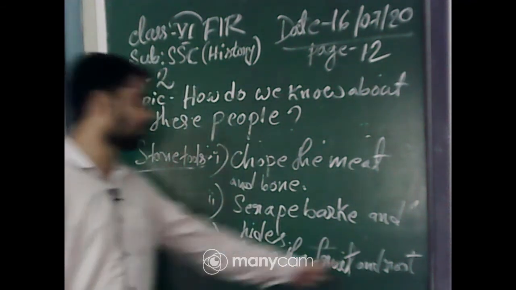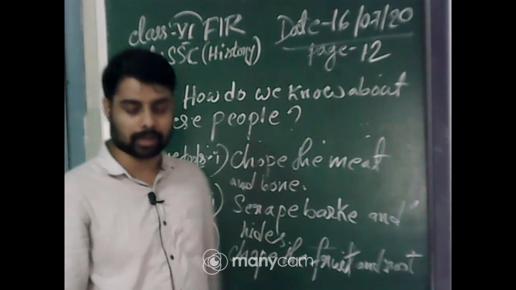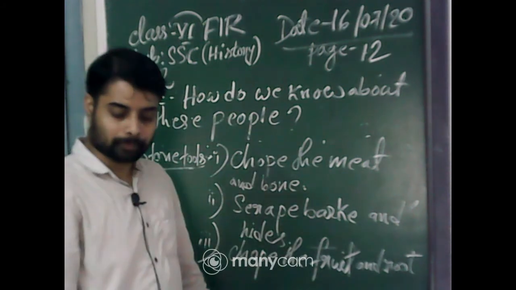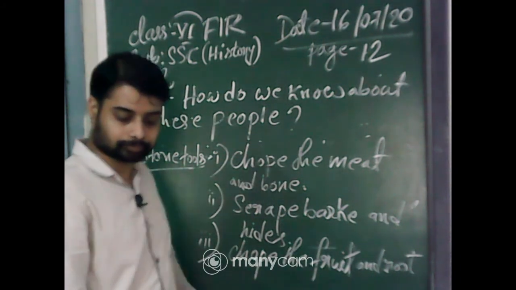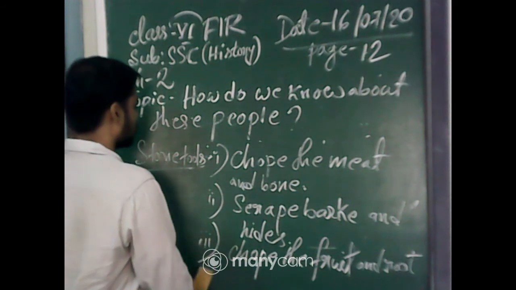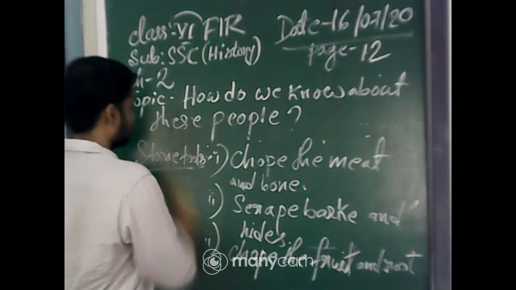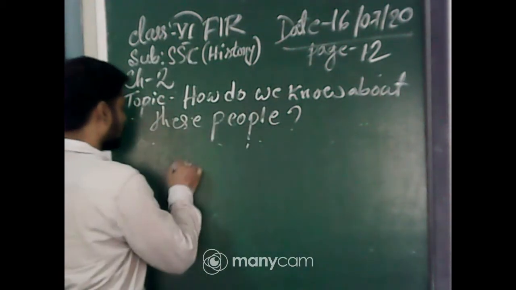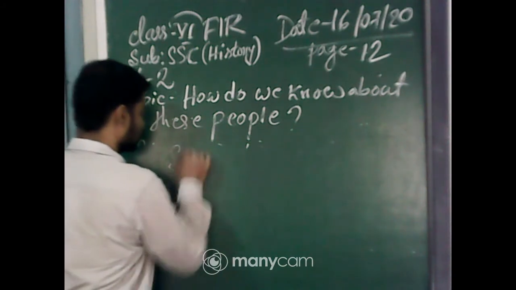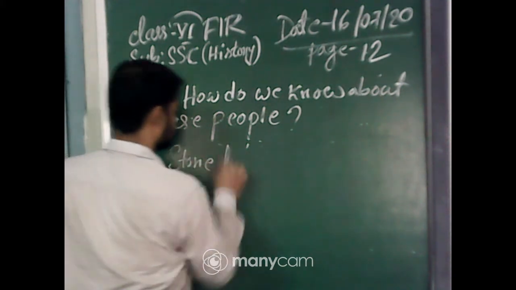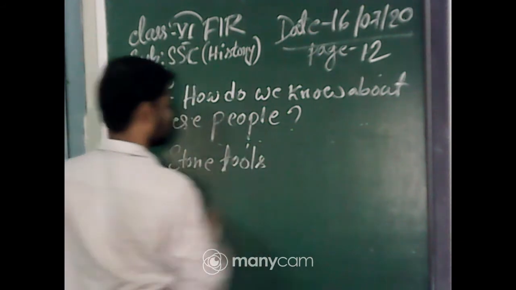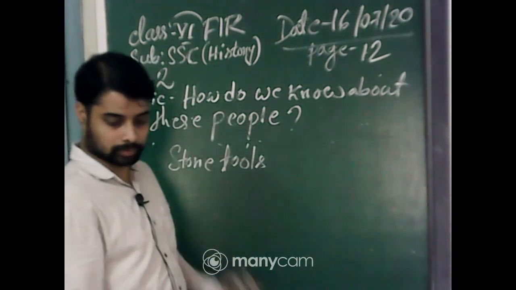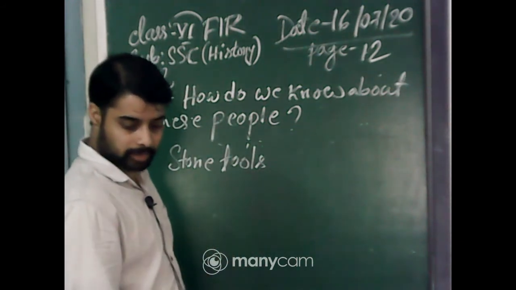Number three, chop fruit and roots. Now, there may be another type of tools found at the time: those with handles. Another type of stone tools was attached to handles.